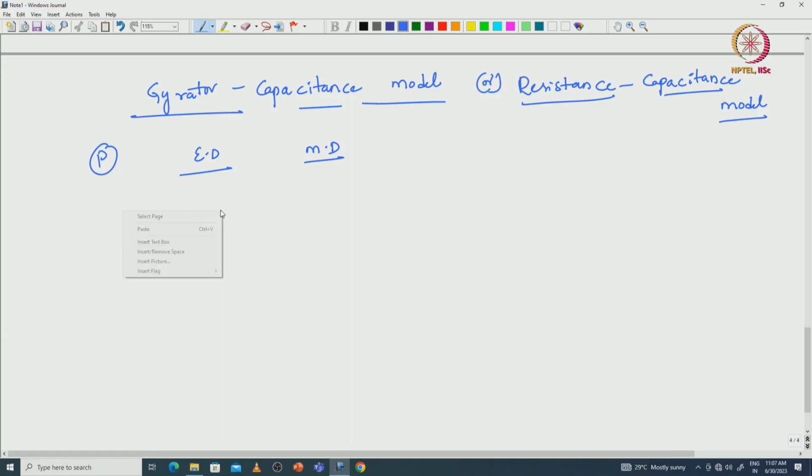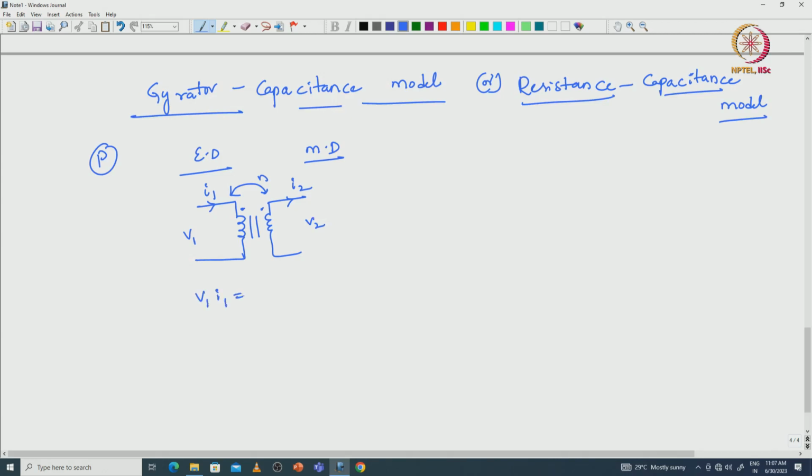We can see a transformer as an example of a Gyrator, with number of turns N, effort variable at the primary side V1 and flow variable I1, flow variable at the secondary side I2 and effort variable V2.